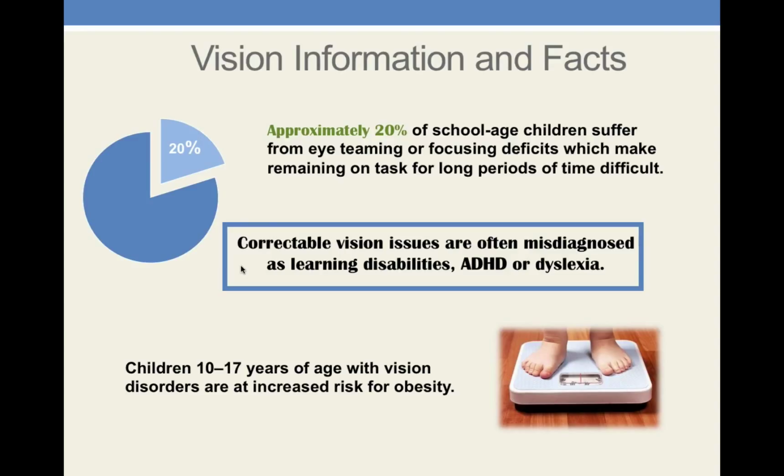This is not to imply that children that are visually impaired cannot learn. That is not what I'm saying at all. What I am saying is that unless we know that a child has either low vision or some other vision disability, we can't accommodate appropriately. So it's really important from an academic perspective, and again, preaching to the choir here.